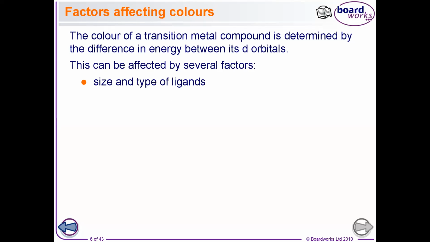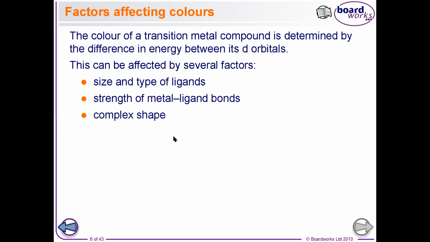Just like what we have seen, if it is tetrahedral, the difference in energy is smaller compared to the octahedral, with a larger difference in energy. Second, the strength of the metal-ligand bonds. Third, the complex shape, just like what we had last time, the tetrahedral and the octahedral.